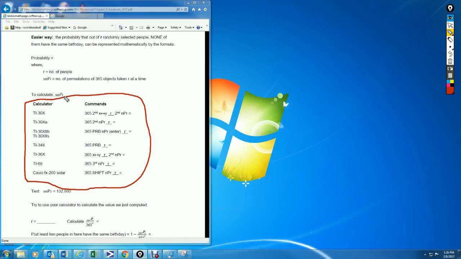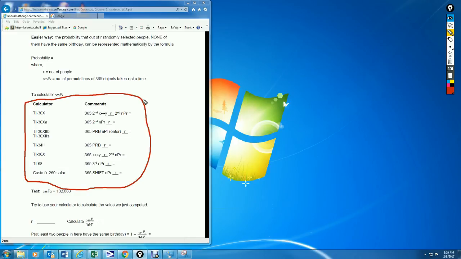This is a key thing. I just showed you the formula for how to calculate the number of permutations. I do not actually want you to use that formula. I will get angry with you if I see you actually using that formula. The reason is that formula is built into your calculator. It is a function on your calculator, and that is what you should be doing.